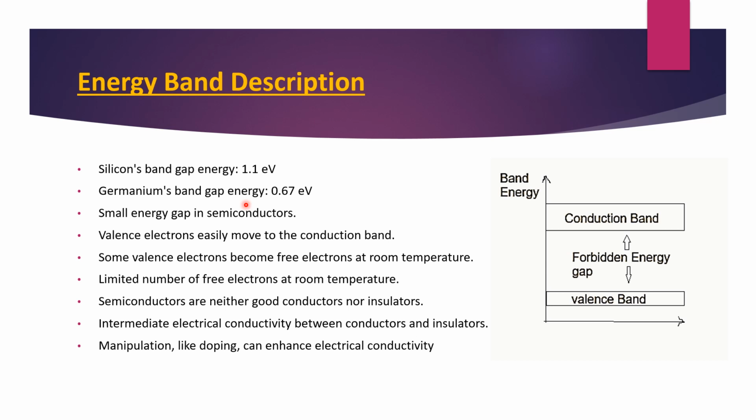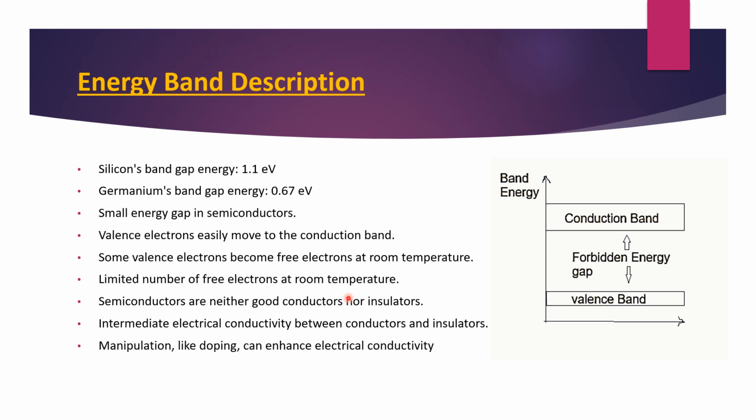Band gap energy is different because the 4 valence electrons of germanium are present in the fourth orbit, while the 4 valence electrons in silicon are present in the third orbit. That is the difference. And we have studied in atomic structure that as the electron orbit goes away from the nucleus, the attraction with the nucleus goes on reducing.